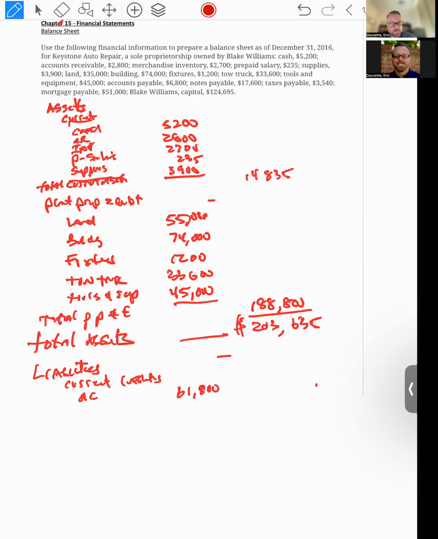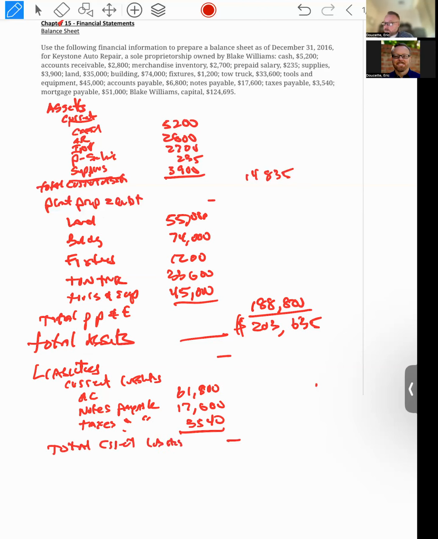I have notes payable. That's things that I owe on. That comes out to 17,600. And then I have taxes payable. That means I owe this. And that comes out to $3,540. So I add all that up, and that gives me my total current liabilities.